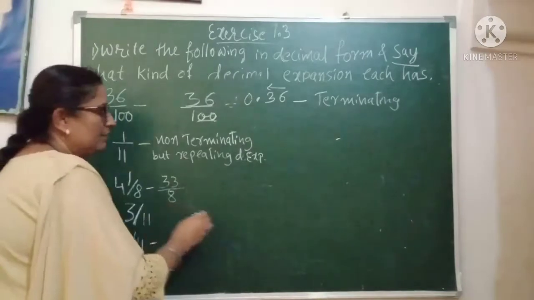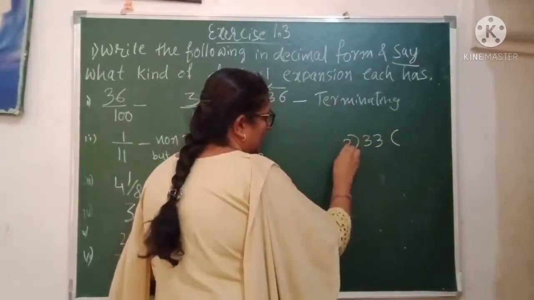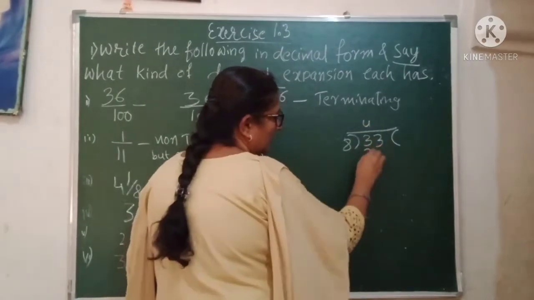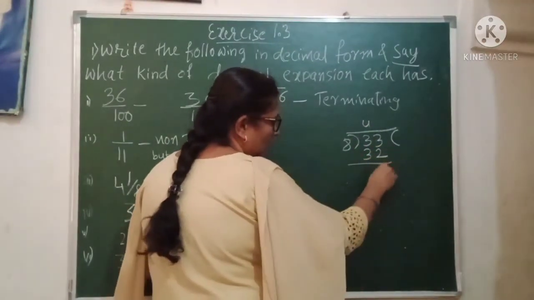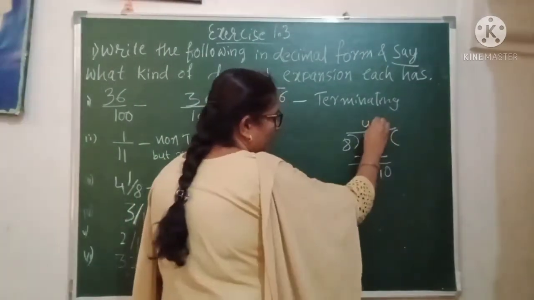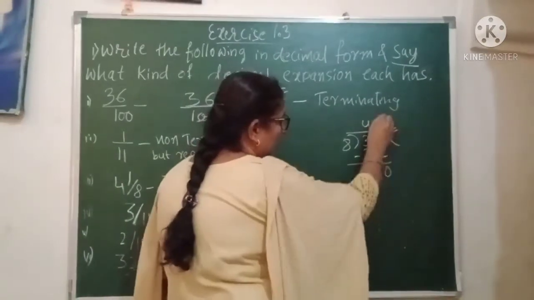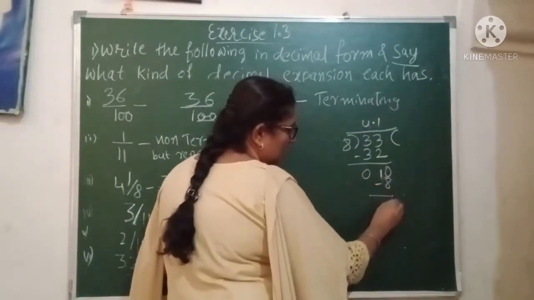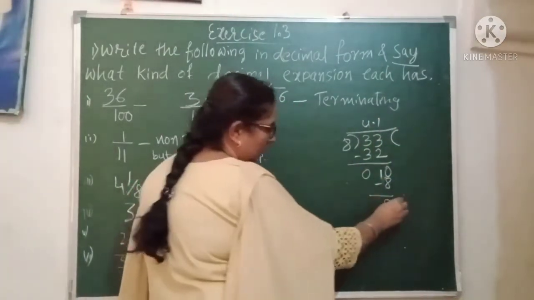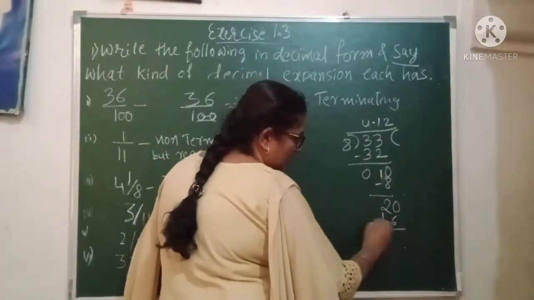Now what are we doing here? We are dividing 33 by 8. 8 4s are 32. The remainder is 1. I take 0 by putting a decimal point there. Then 8 1s are 8, and the remainder is 2. One more 0 I take. 8 2s are 16, the remainder is 4.